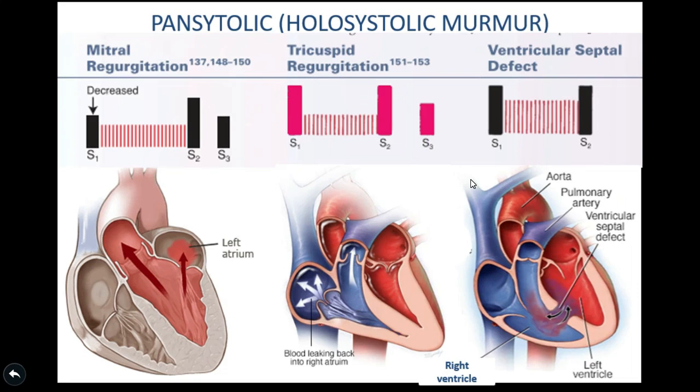Pansystolic murmur, on the other hand, is of course holosystolic, all throughout the systole. Okay, prime examples here are the mitral regurgitation, tricuspid regurgitation, or in patient with a ventricular septal defect. Okay, so the VSD, MR, TR.